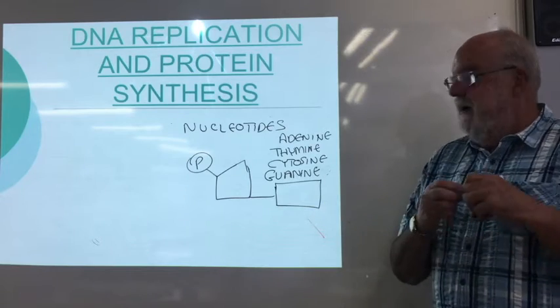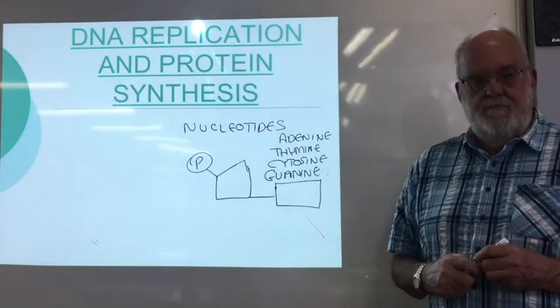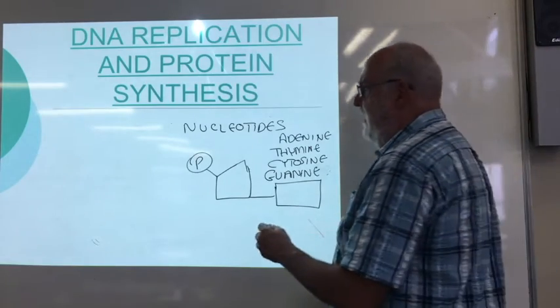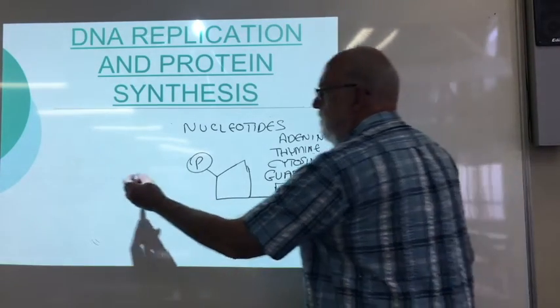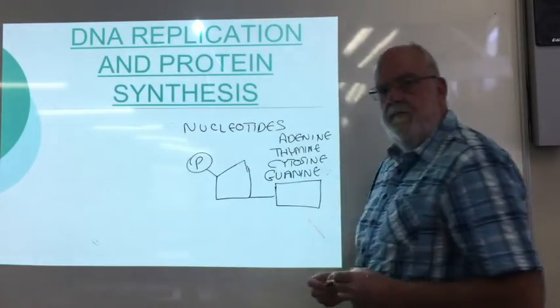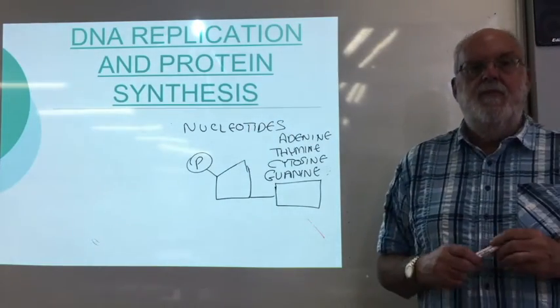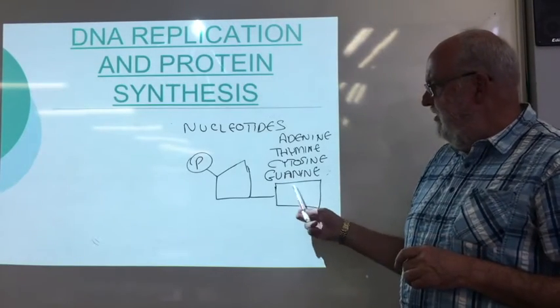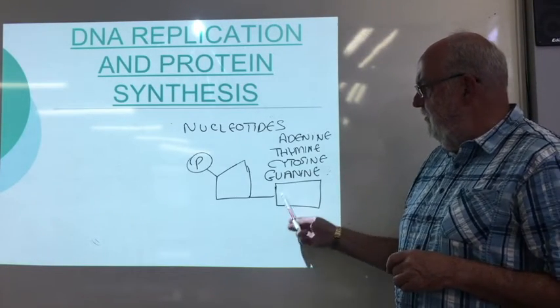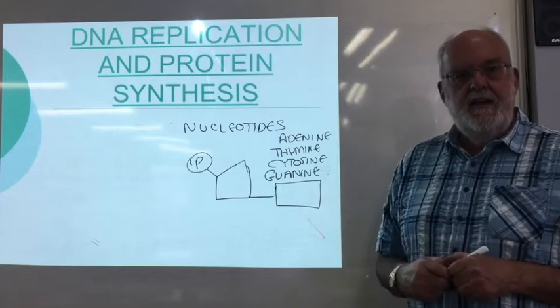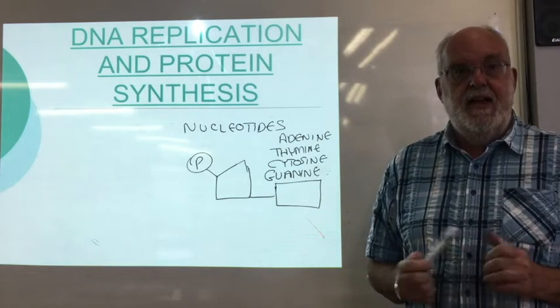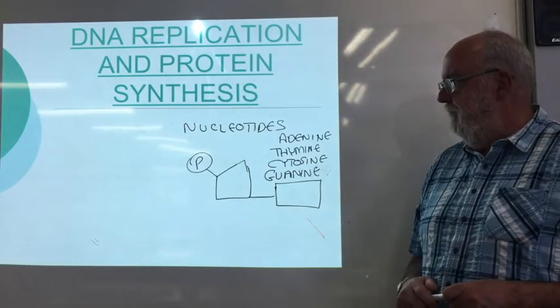Now, how do they fit together? Basically, the molecule of DNA fits together because of 2 aspects. Firstly, the structure and size of these molecules, these bases, and secondly, how they are linked together by hydrogen bonds, which again is something we've looked at before.